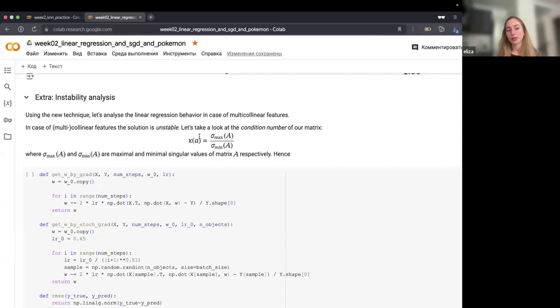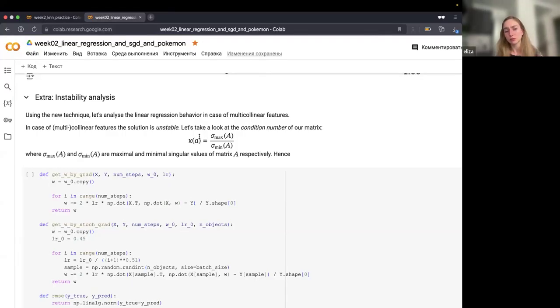If we have multicollinear features, some little changes in our data can lead to very big changes in our result and in our weights.